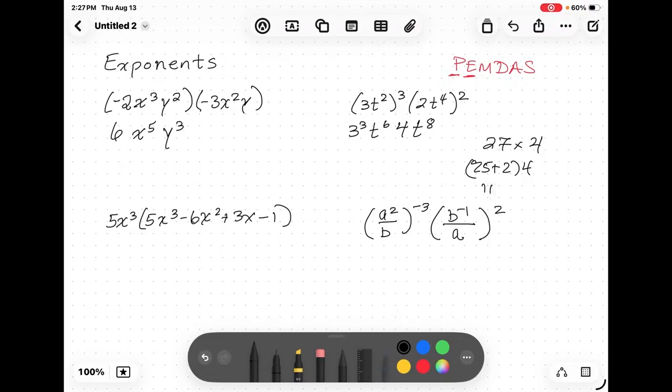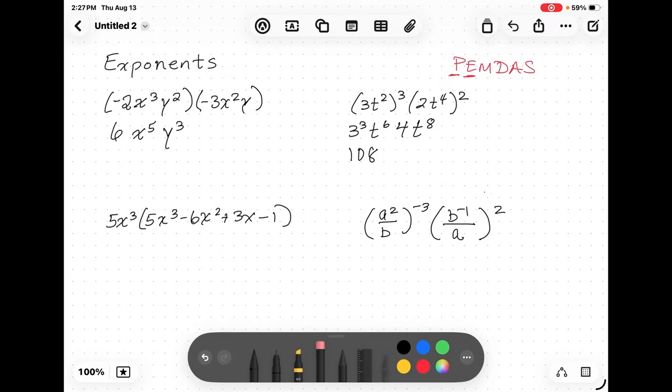So 4 times 25 is 100. 4 times 2 is 8. So I get 108. Of course, you could stack them on top of each other and use that algorithm, but I find that splitting it up like that is something I could have done in my head a little bit more easily than stacking them in my head.